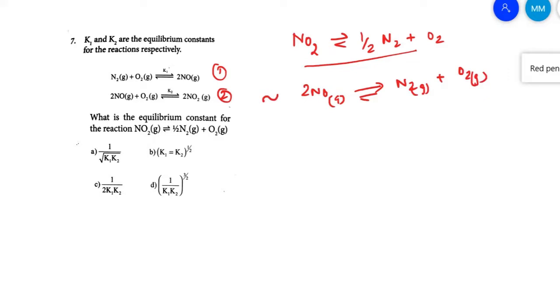So the first reaction is inverted, and so this value is 1 by K1. And now to obtain half nitrogen and half oxygen, this equation is divided by 2. So by dividing by 2, you get 1 mole of NO, half N2 and half oxygen. So for the division, this value is 1 by root K1.